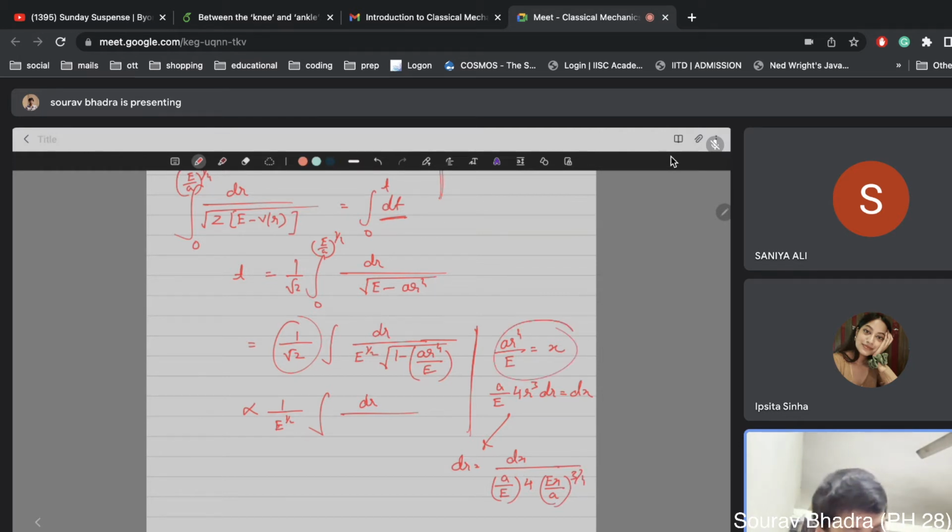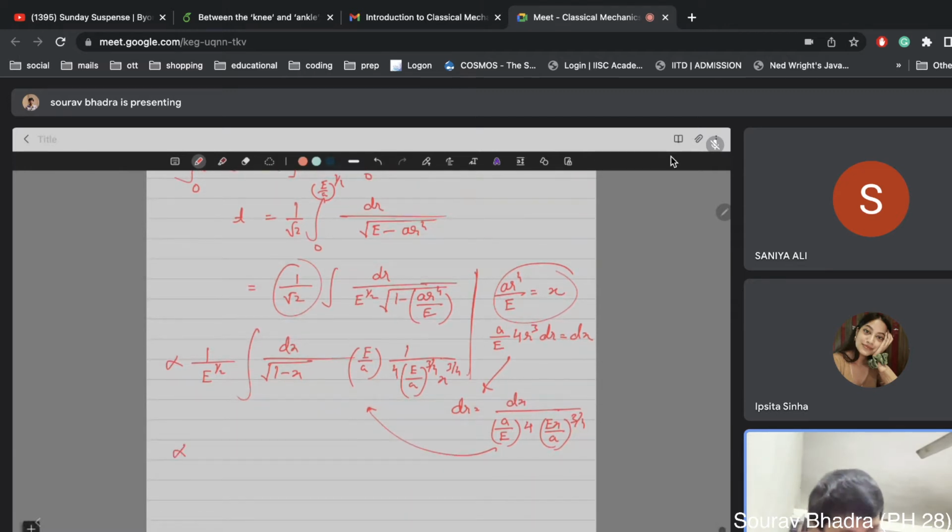So this is how you can replace dr. So dr is dx by 1 minus x, and here this term E by A to the 1 by 4, E by A to the 3 by 4 times x to the power 3 by 4. I have just replaced this in this particular term, so you will get this.